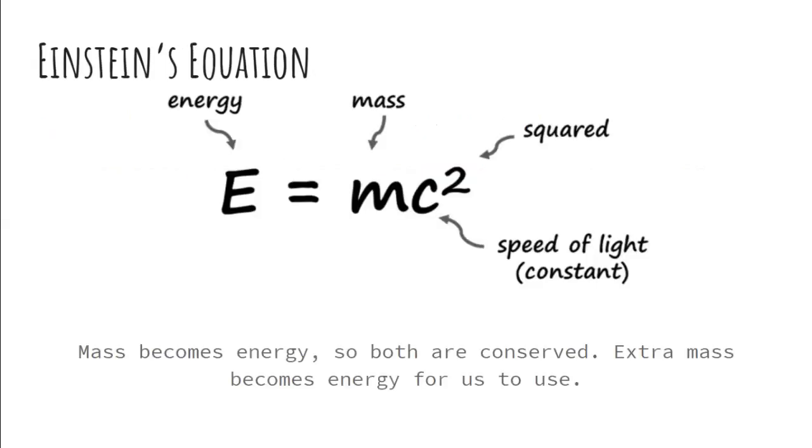The equation to solve this, you've probably heard of, is E equals mc squared, where E is the energy, m is the mass, and c is the speed of light, squared. Einstein discovered through nuclear fission or fusion that mass can be transformed into energy, and that's how both energy and mass are conserved mathematically.